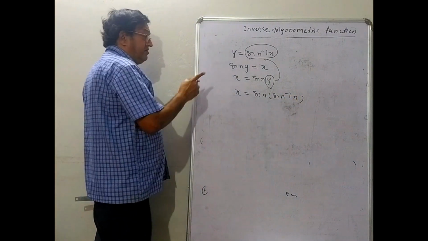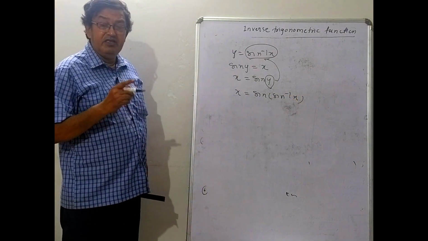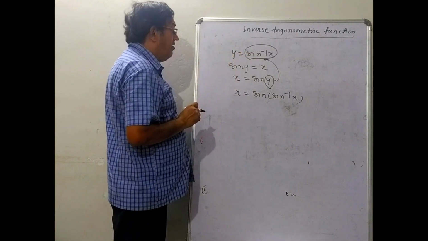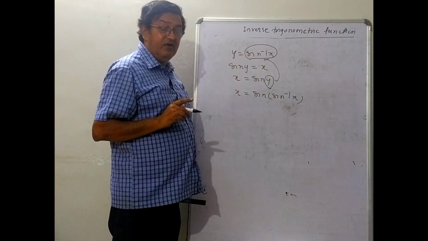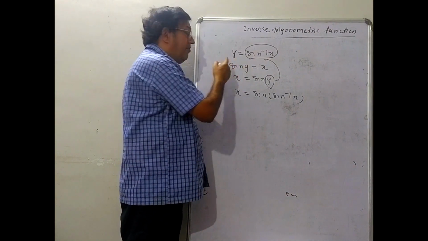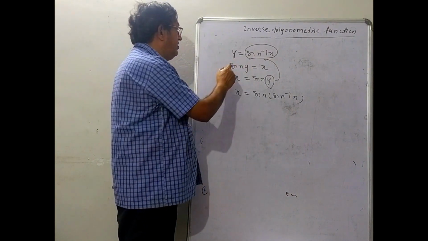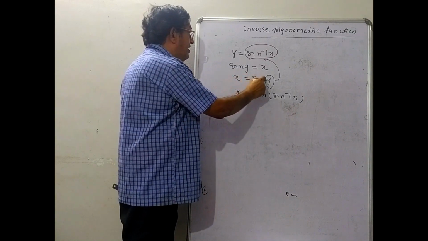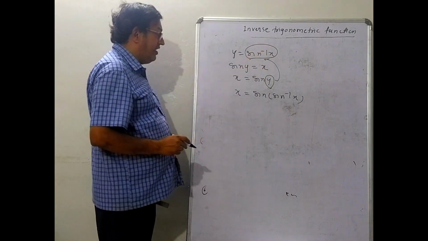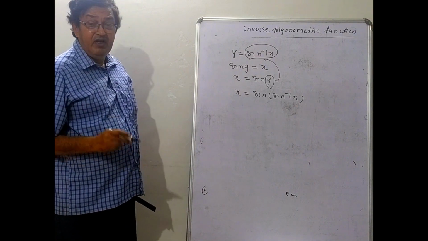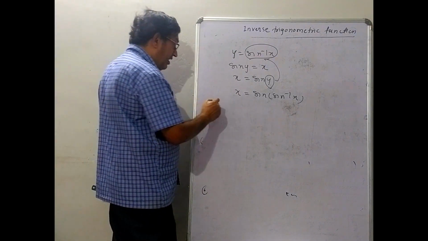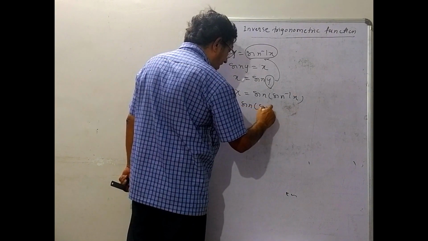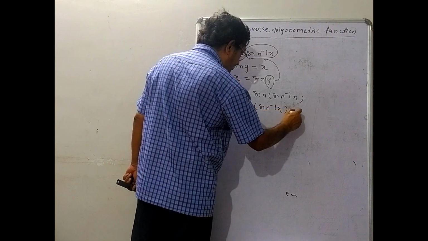See here, compared to note number 1, this is a bit different. I have taken first the inverse trigonometric function y equals sine inverse of x, then I have converted back to the trigonometric function sine y equals x, and replaced this y by sine inverse of x. So sine of sine inverse of x is equal to x.